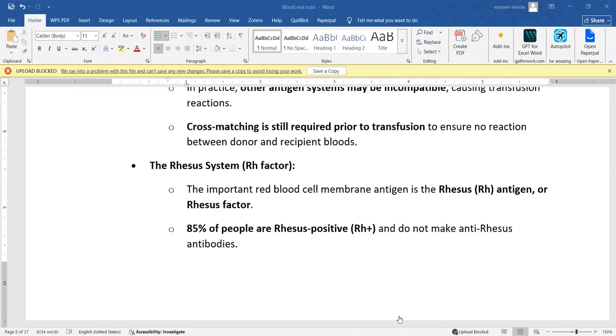But it's rare to come across people that are O negative. From this note, you already see that 85% of people are rhesus positive, so it's hard to come by people who are rhesus negative. That's why the O negative blood group is very rare.